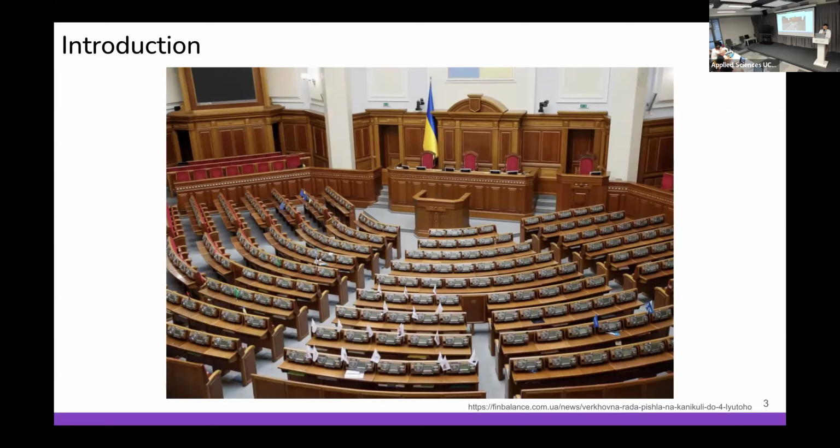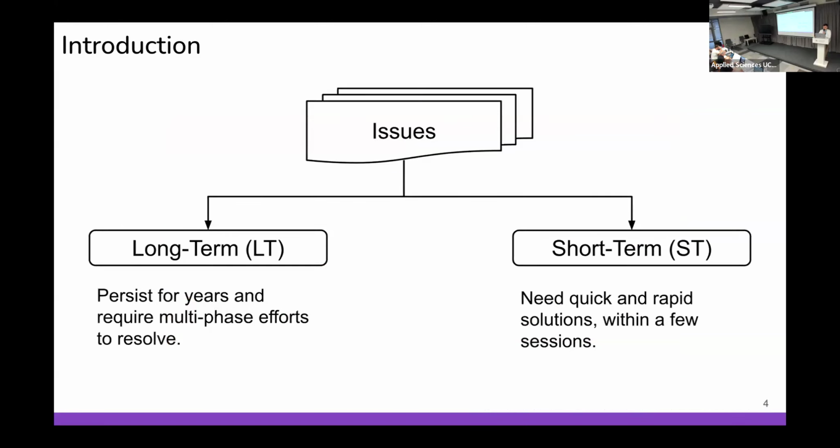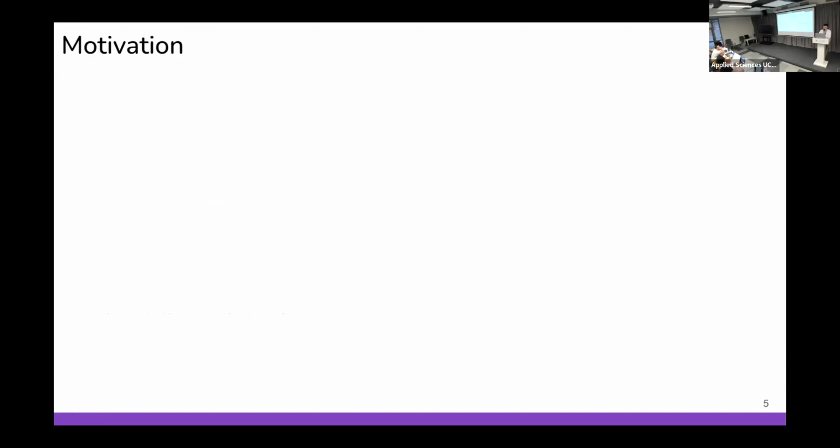Some problems can be resolved over several sessions, and it brings us to categorization. We can split these problems into long-term and short-term. Long-term ones persist for years. Maybe different politicians, different parties are trying to resolve them. Short-term ones can be resolved really quickly, within a few sessions, a few months, and they are going to find the solution.